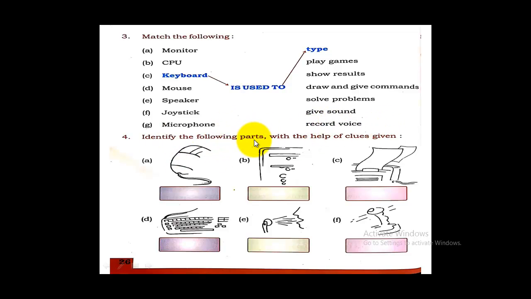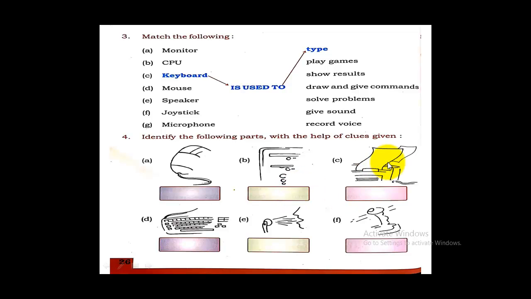Now identify the following parts with the help of the clue given. Okay, you have to identify these pictures shown here. Now what is this? This is a mouse. M-O-U-S-E, mouse. You have to write like this. What is it? This is a CPU. CPU all in capital letters. Write like this.